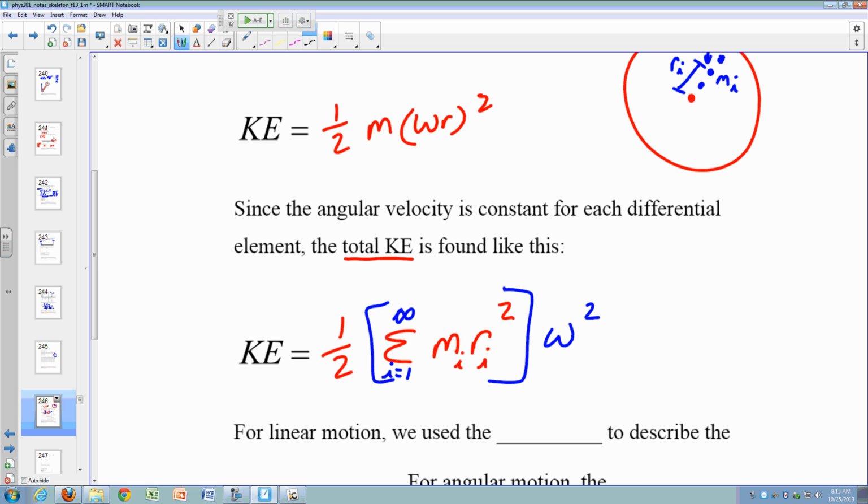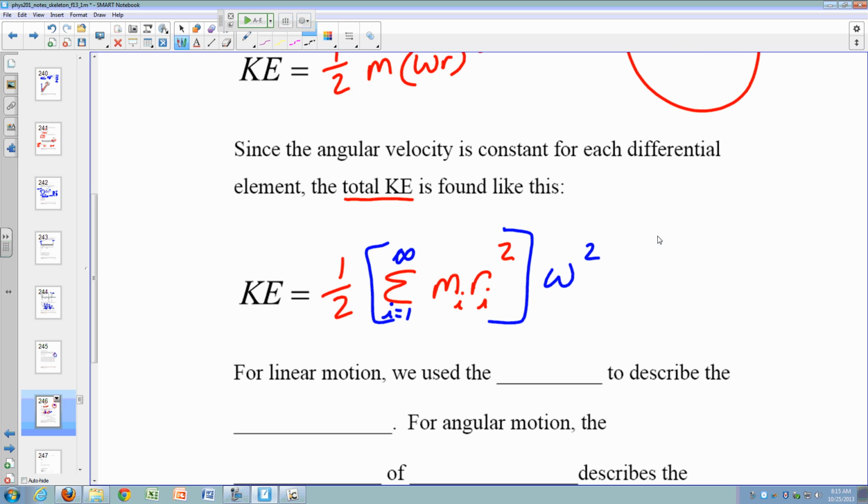Now, for linear motion, we use the mass to describe the inertia. Remember that inertia described how difficult it was to put something into motion. If you had a real big object, it was very difficult to put it into motion. It had a lot of inertia.